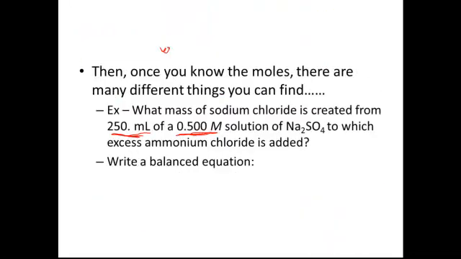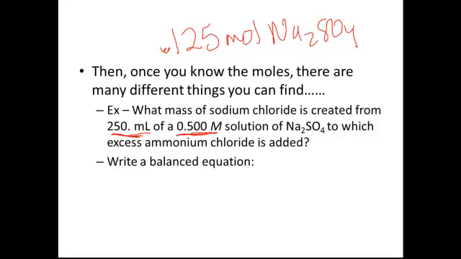We know that we've got 0.125 moles of Na2SO4. So here's a question that you might see involving that. It says, what mass of sodium chloride is created from 250 milliliters of a 0.5 molar solution of Na2SO4 to which excess, notice that word right there, we should be familiar with that, excess ammonium chloride is added.